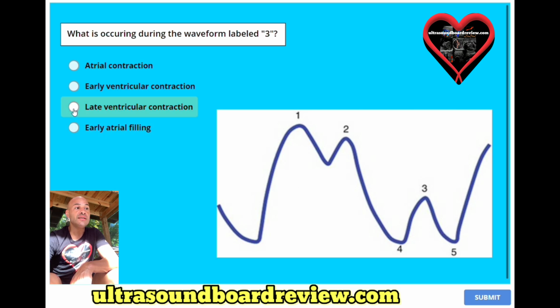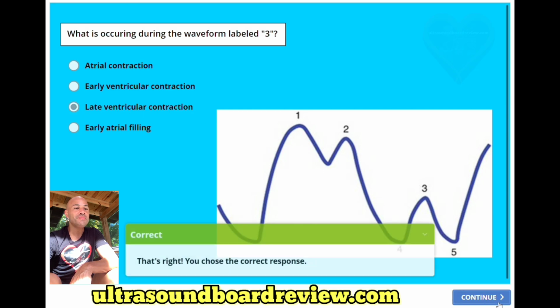The answer is C, late ventricular contraction.